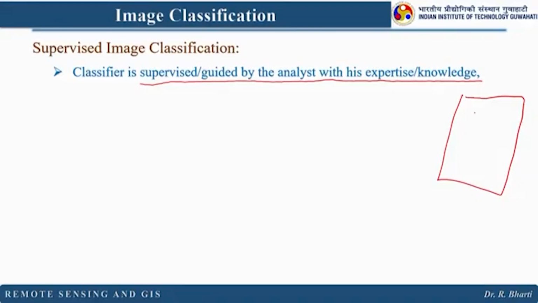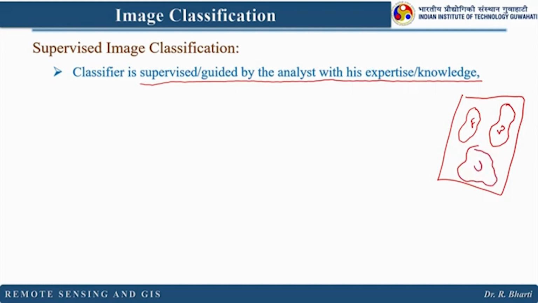So suppose this is your image, then the analyst should know that okay, this is the bounding coordinates of the forest class, right? This is the bounding coordinates of the water class. This is the bounding coordinates of the urban area.